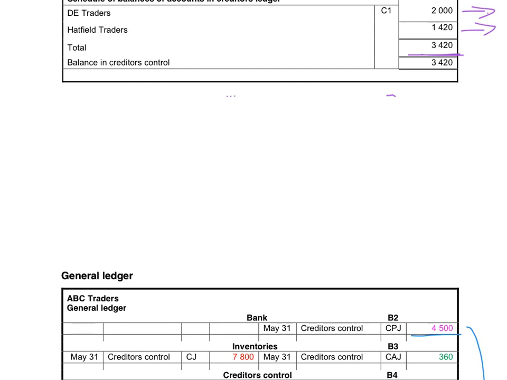And if we go back to the schedule, what did we see there? That the creditors ledger has a total of 3,420. The balance that I calculated in my creditors control account, I will show there, and both those amounts must then be the same.